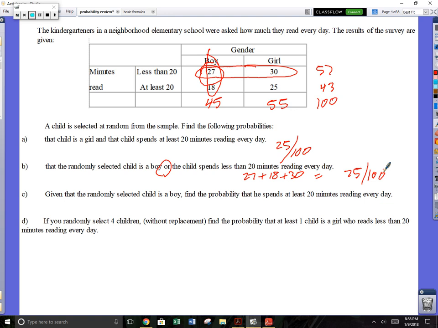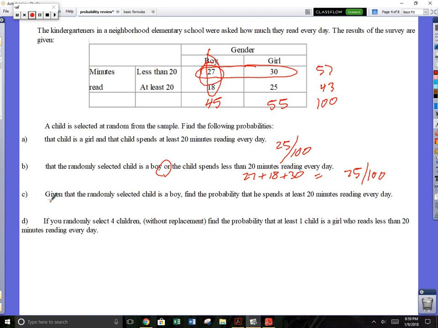C. The randomly chosen child is a boy. Given that the randomly selected child is a boy, find the chance that he spends at least 20 minutes reading every day.